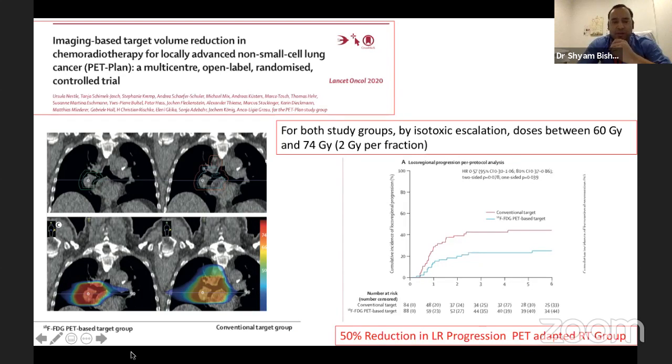They compared PET-based dose escalation versus the normal dose escalation with the same mean lung dose. They found that dose escalation was possible with the PET-based plan, but not with the conventional target group, conventional planning. And there was a 50% reduction in local regional progression in the PET-adapted group.